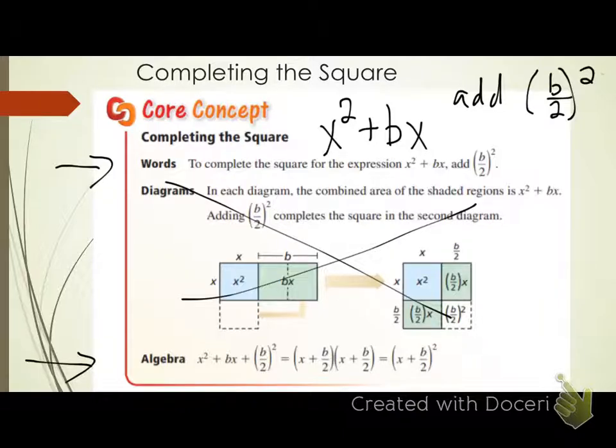So have that written down. We take our b value, divide it by 2, and square it. And that helps us complete the square, so it becomes a perfect square trinomial.